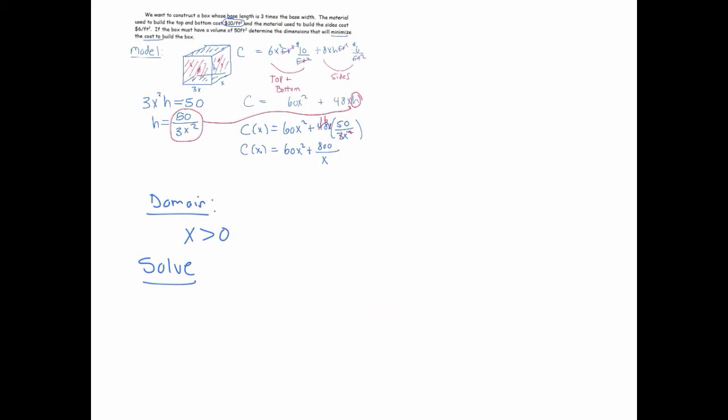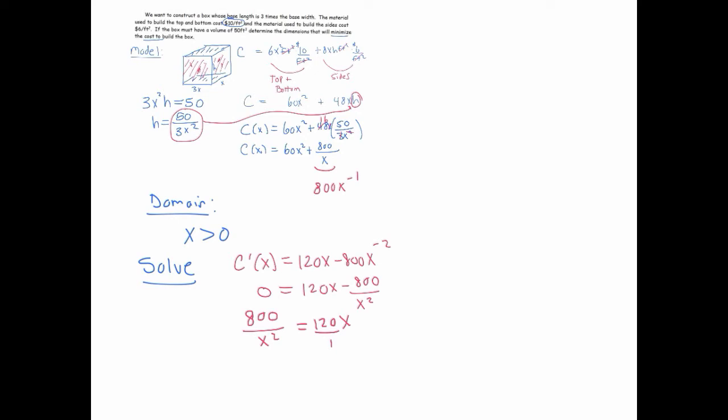And now I'll solve this by adding 800 over x squared to both sides. So now I've got 800 over x squared is equal to 120x. And we'll cross multiply to get 120x cubed equals 800.